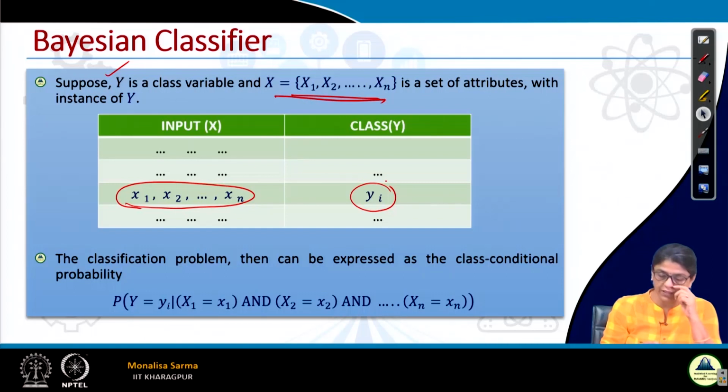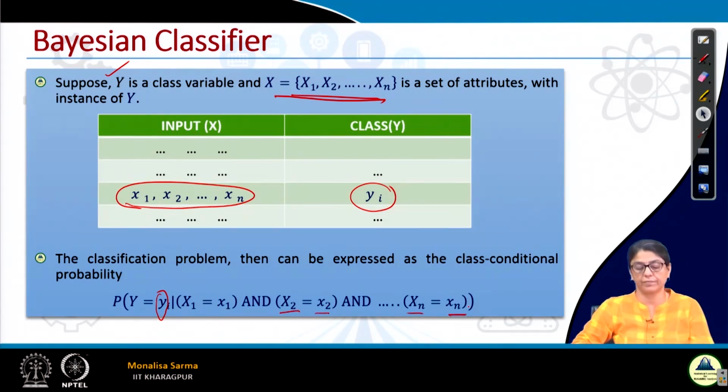So the classification problem can be expressed as a class conditional problem. How can we express it using the Bayes theorem? What is the probability that my class is equal to yi, given that my attributes are capital X1 equals small x1, capital X2 equals small x2, up to capital Xn equals small xn?